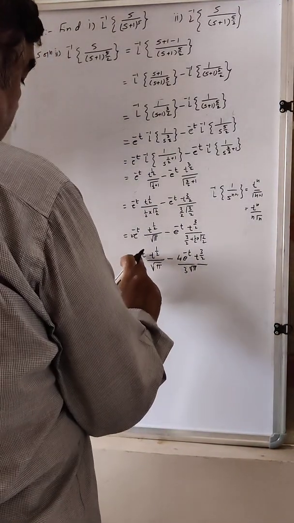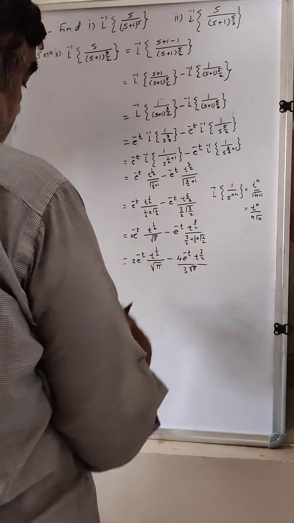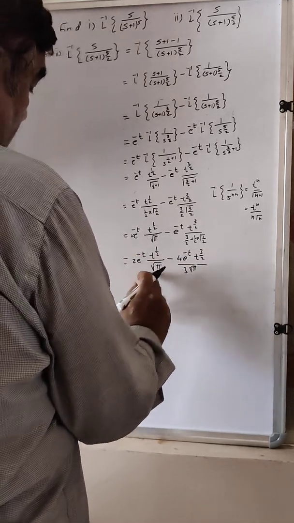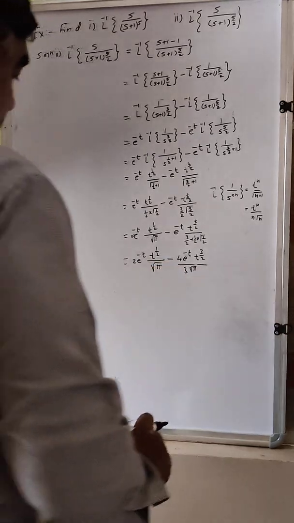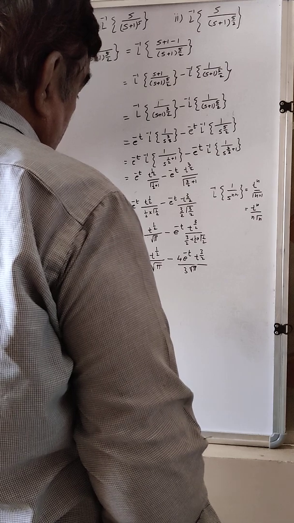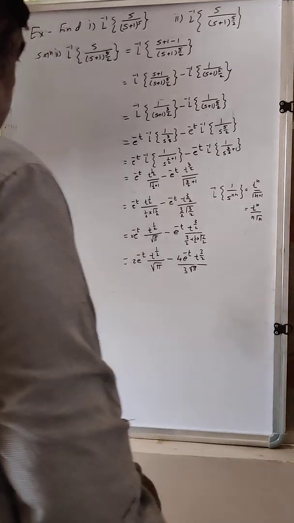Therefore 2 e raised to minus t, t raised to 1 half upon root pi, minus 4 e raised to minus t, t raised to 3 by 2 upon 3 root pi.